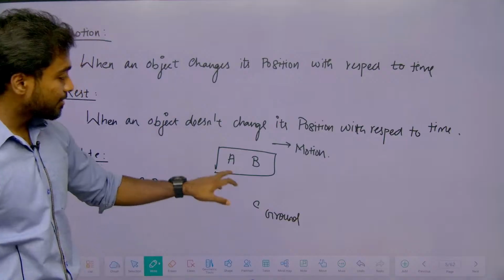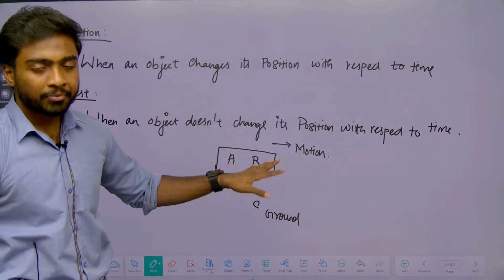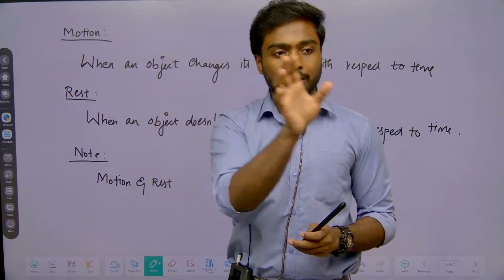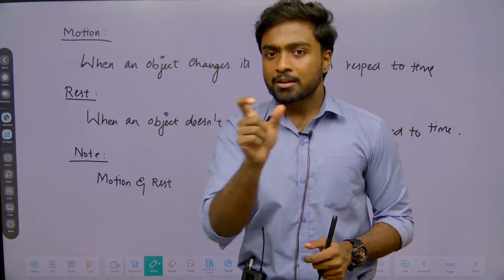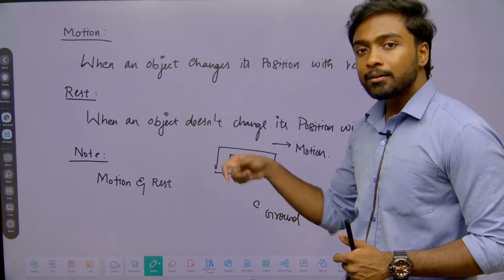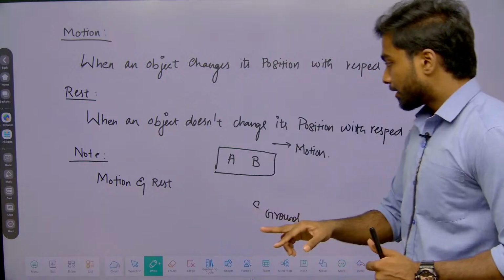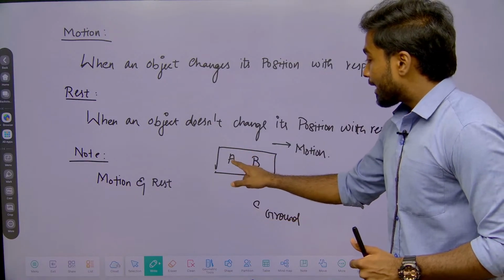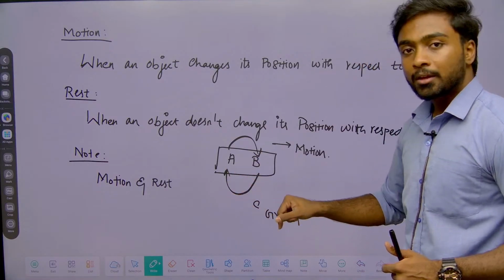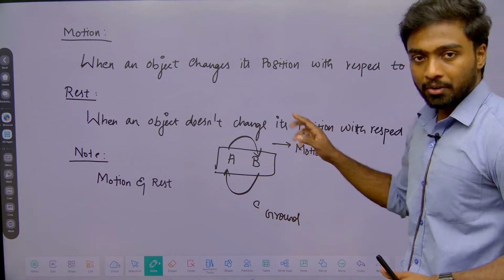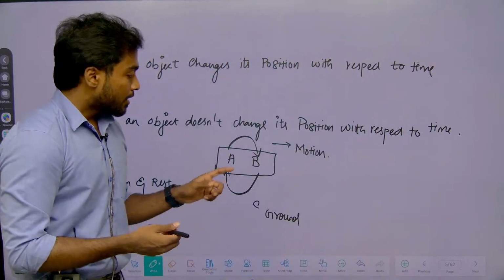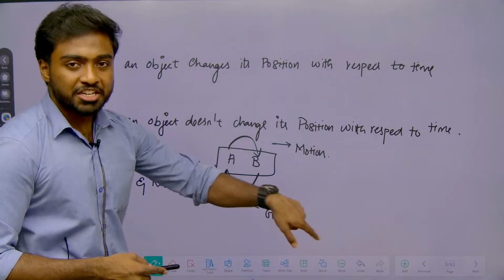When person C watches A or B, he thinks that those guys are going in a bus and the bus is moving. So according to C, A and B are in motion. But when A watches B or B watches A, when the bus is moving, did their position change?